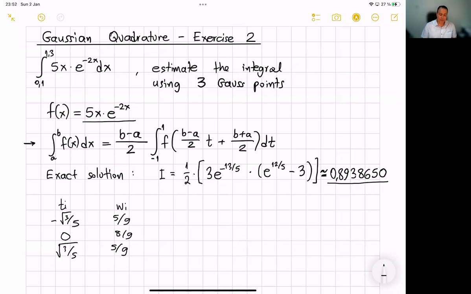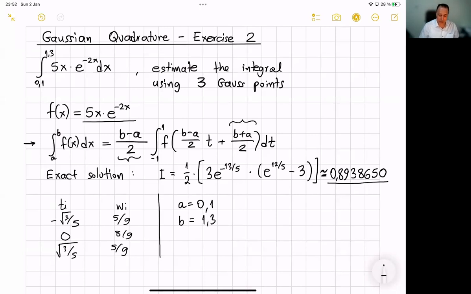And I need to do also the transformation, and to do the transformation, I need these 2 values here, b minus a divided by 2 and b plus a divided by 2. In my case here, a is 0.1 and b is 1.3.